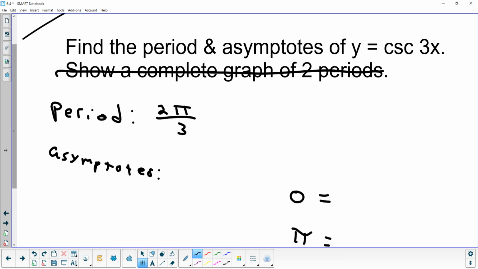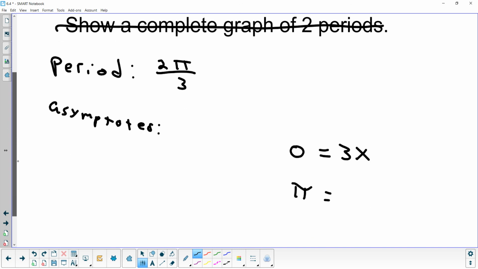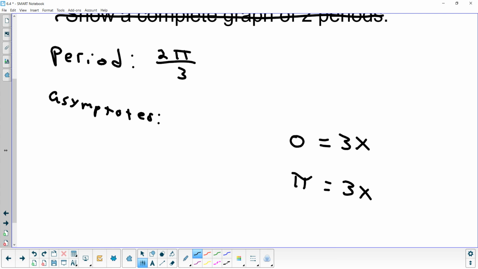And remember, if you have an asymptote at 0 and you squish it, everything squishes towards 0, so it's going to stay right where it is. We can still set it equal to 3x. Now to solve each of those, we just divide each side by 3. So your first asymptote is x equals 0, and your second asymptote is x equals pi over 3.